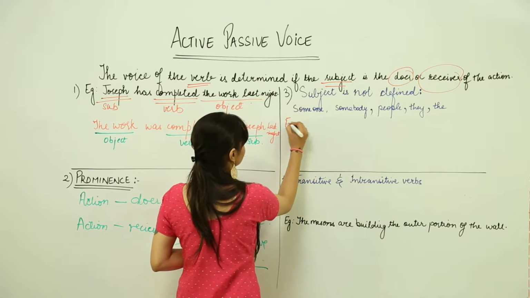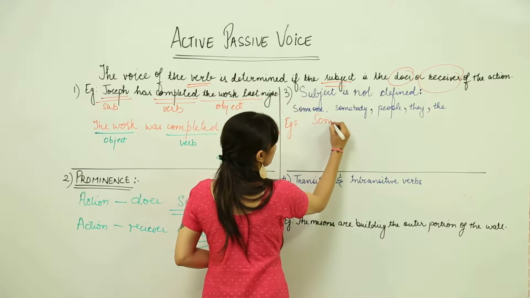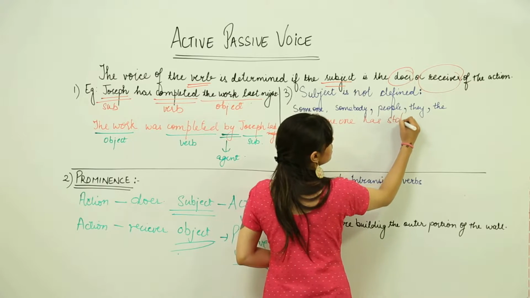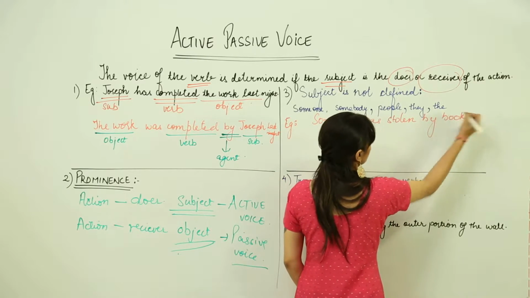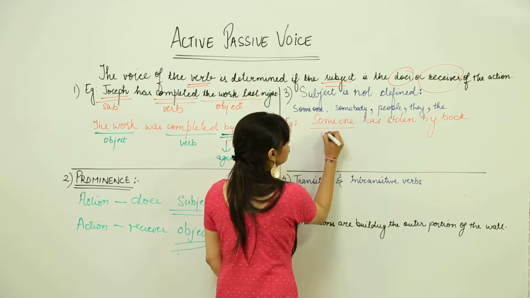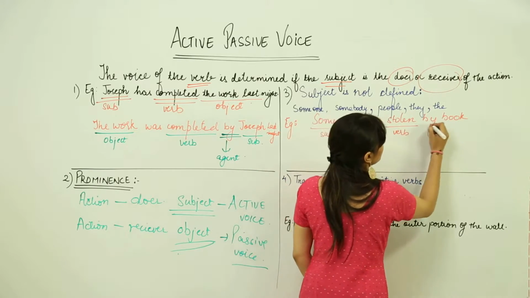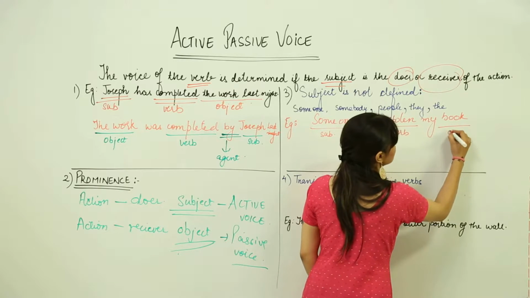For example, someone has stolen my book. Here someone is the subject, stolen is the verb, and book is the object.